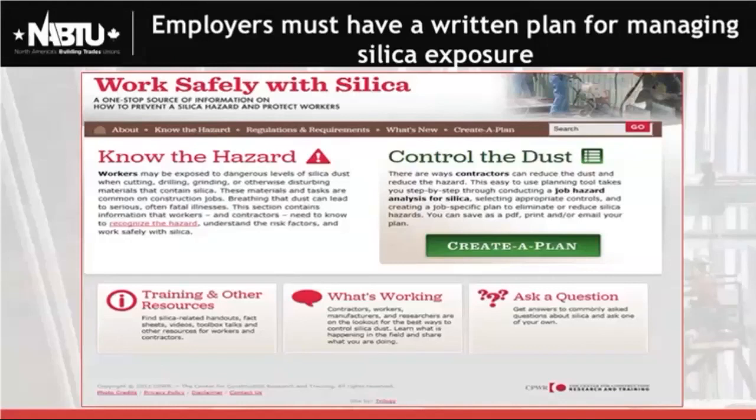Another little takeaway: if you're involved with some of these types of operations, one of the simplest ways to create a silica control plan for the employer is the website Work Safely with Silica.